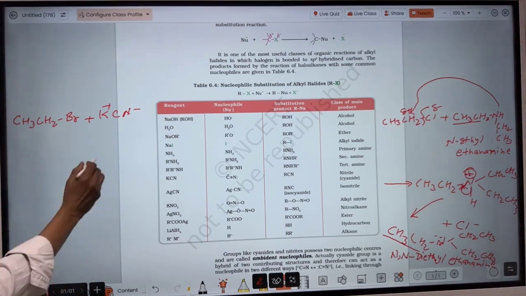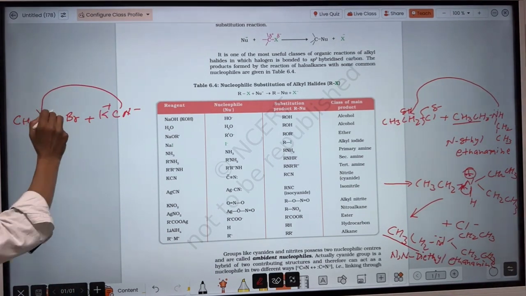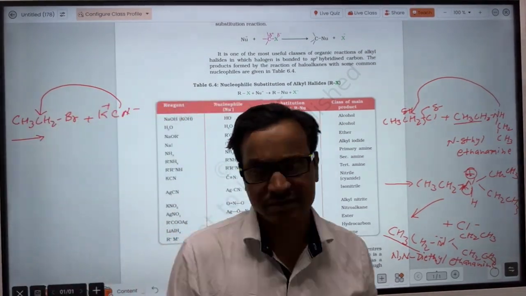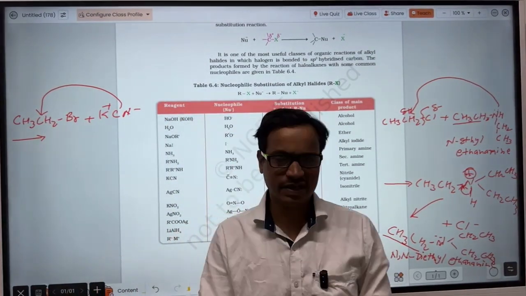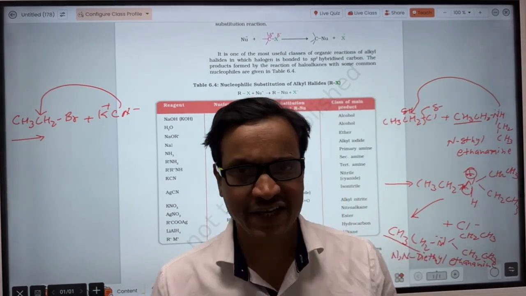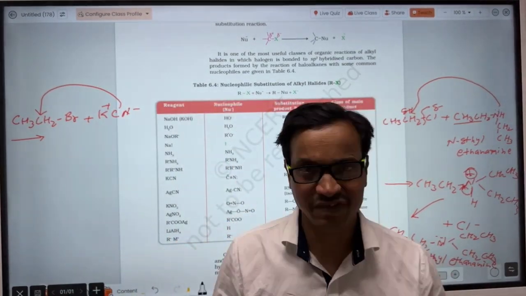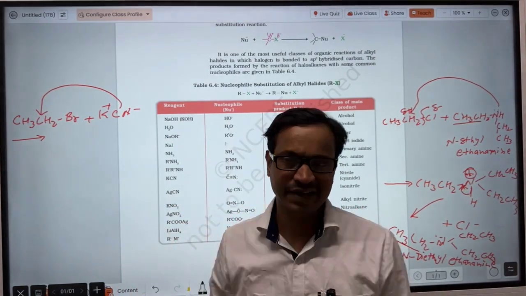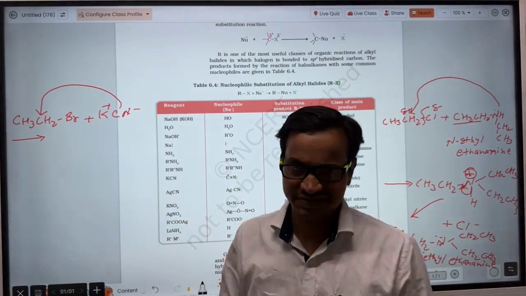So what happened? The carbon can bond to this carbon, or the nitrogen can also bond. But bonding between the same type of atoms, that means atoms of the same element, will be stronger, because in that case there will be no polarity of bonds.